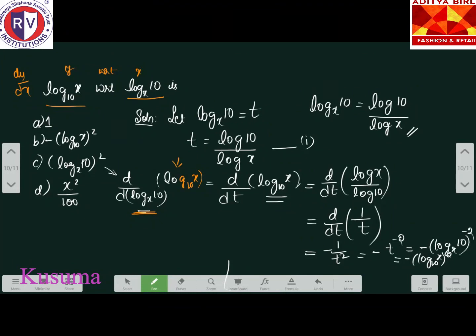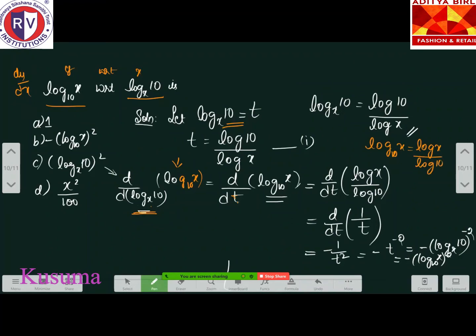I am just replacing this log 10 to base x by t, and we have to differentiate log x to base 10 with respect to this t. Once again, from the properties of logarithms, we can write log x to base 10 as log x by log 10.